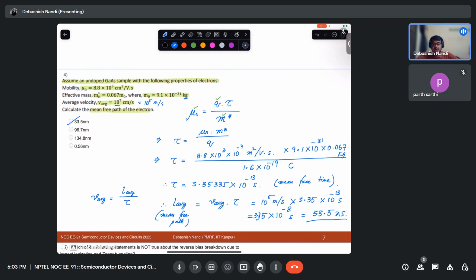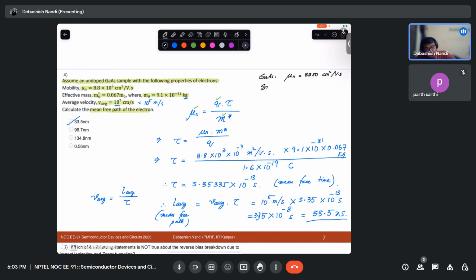So this is how you are going to solve this kind of problems. These are pretty simple and we have done it multiple times. But this time you may get a shock by looking at the value of the mobility. What is the mobility value? Mobility value mu n is 8800 centimeter square per volt second.